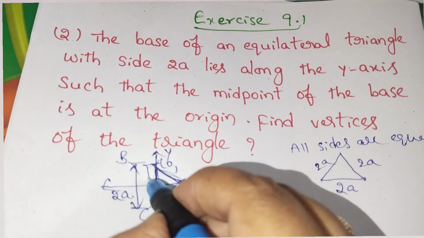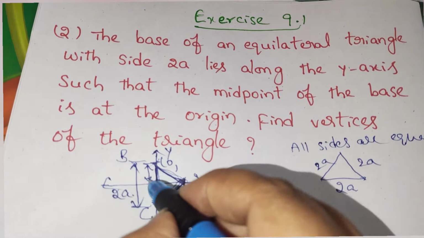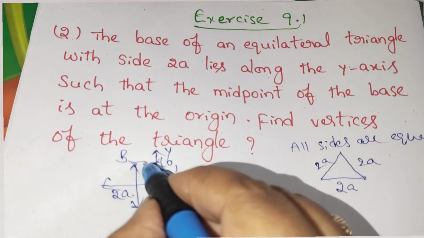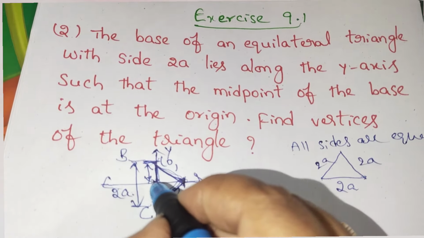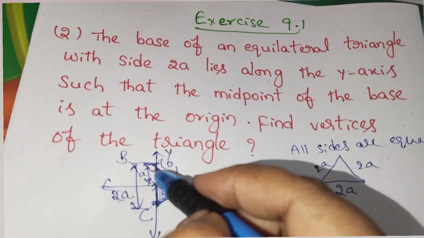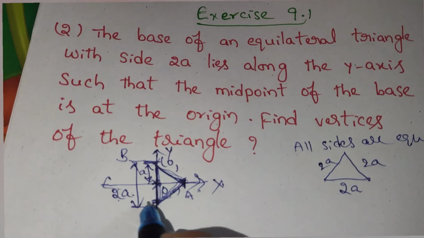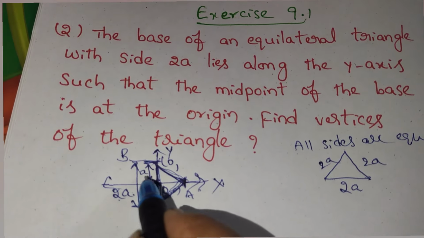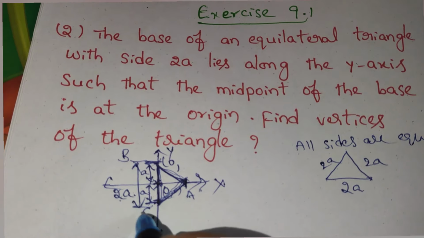The height from the midpoint origin to this point is half of 2a, which is a. We take half of this as a, and the remaining half is a. So a plus a is 2a.